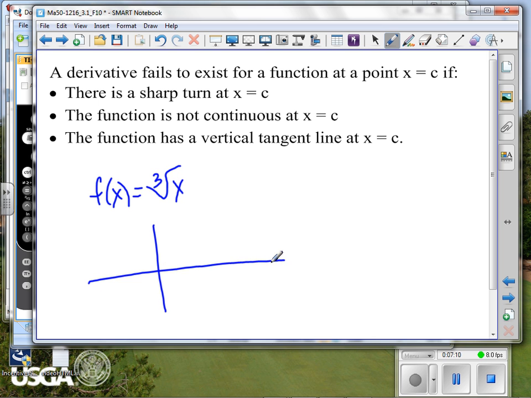Remember, the cube root is the inverse function of the cube, so it looks something like this. Believe it or not, at this point you get a vertical tangent. We don't have a lot of those that come up, but they do come up occasionally, so we need to know. What we end up with is that it's just vertical, which means that it's infinity.